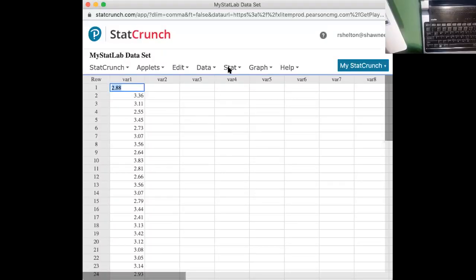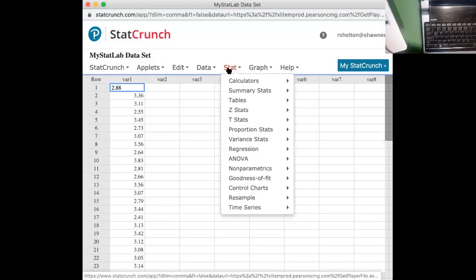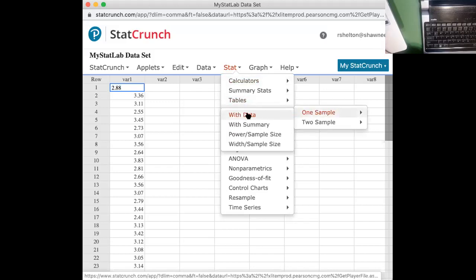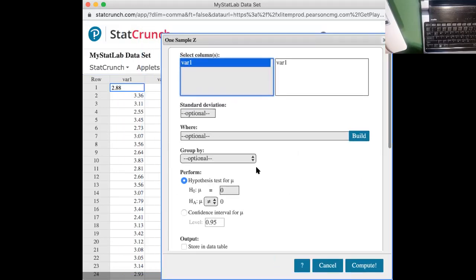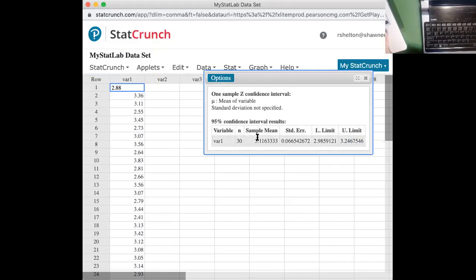Okay, so Stat, and this was a Z-stat. It was one sample, with data because we actually got the data. We select which column the data was in. It was in column 1. Then we tell it yes, we do want to do a confidence interval, and it's a 95% confidence interval. We say compute. There's the report we had a while ago. So note to self, next time you're doing this, go ahead and write down this whole little report.